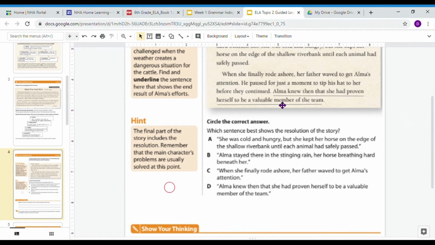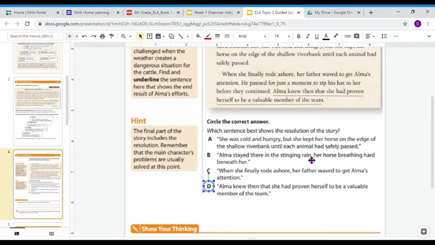So we kind of have already underlined this answer. That answer is D. That's kind of the final outcome of the entire story. So the final part of the story includes a resolution. Remember that the main character's problems are usually solved at this point. So some people might get caught up in thinking the resolution is that each animal had gotten across the river and that was the end of her problem.